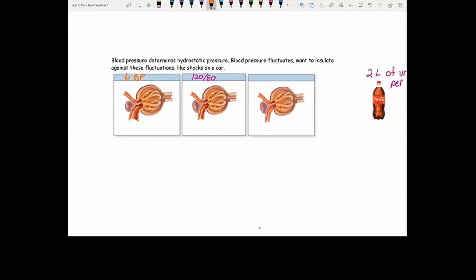We want to maintain net filtration pressure and keep making 2 liters of urine, even though blood pressure is lower.